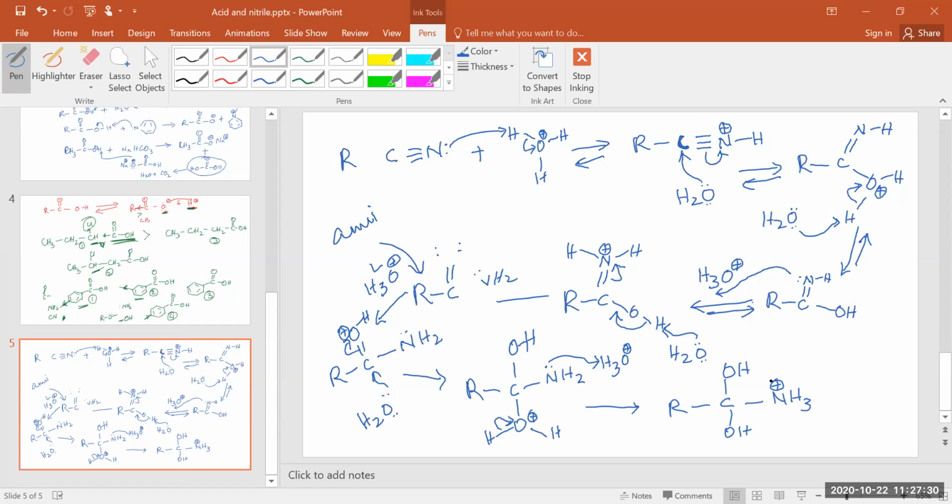So next step, what will happen here? This will be deprotonated. We'll make the double bond. Let me write more clear. So here, okay? And a water molecule will take this proton, this will go here, and this will leave.